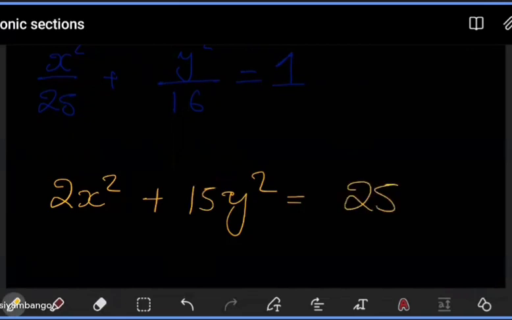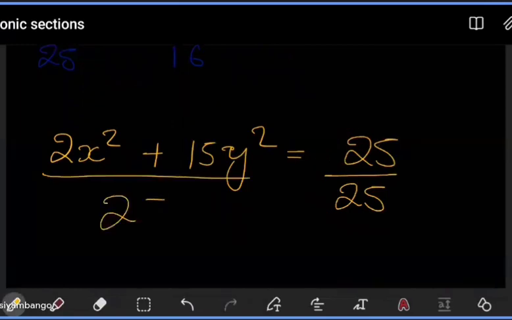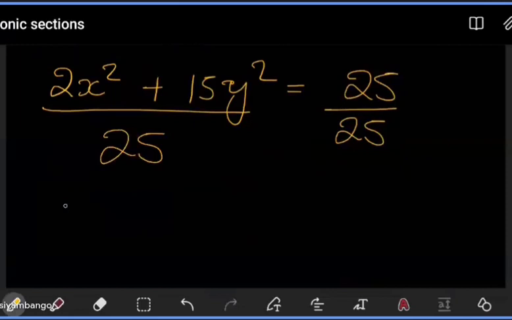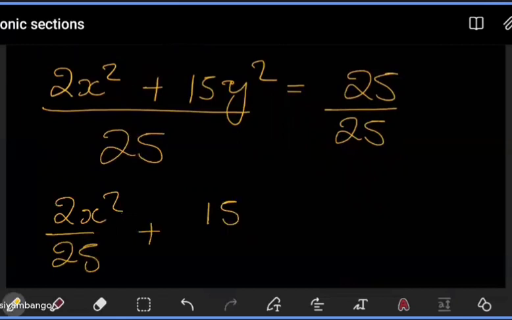You see, if you use the same trick on this question, what you do first is divide by this to ensure that the right side is a 1. But then you have to do the same thing to the left side. Notice that now you will have 2x squared over 25 plus 15y squared over 25 equals 1. You'd have solved that problem.